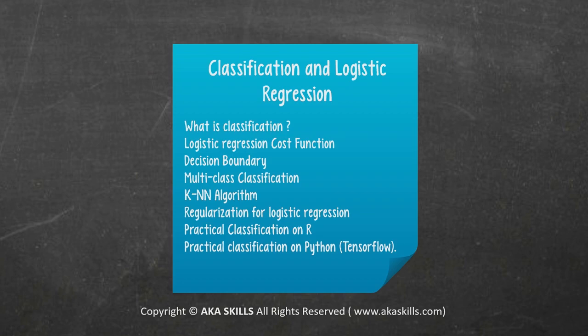And we're gonna see some really cool stuff like the cost function used for logistic regression, and we learn that in linear regression it's not appropriate to use the same cost function for both of them. Decision boundary, multi-class classification, that means when we have more than two classes.